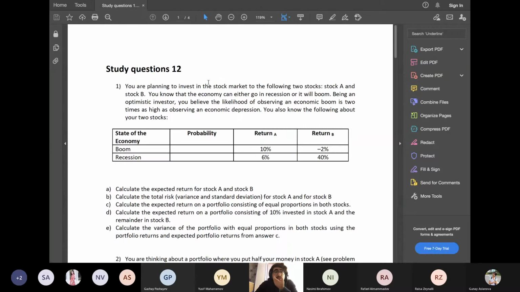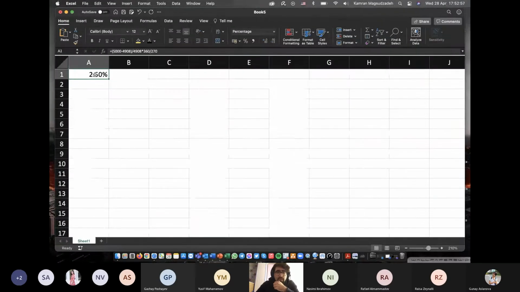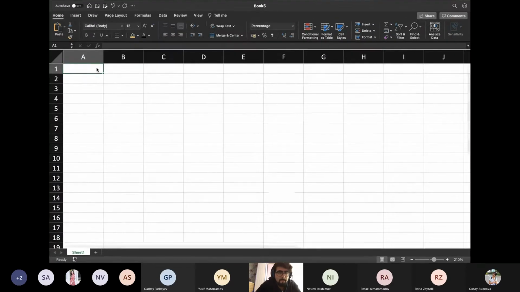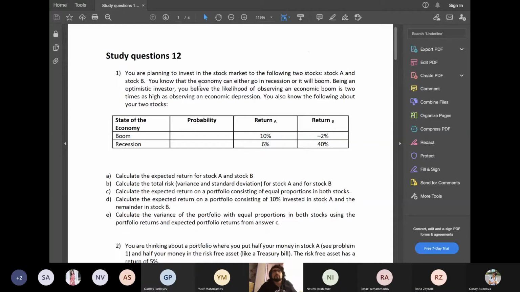So let's start with study question 12. The file is already created there. Question 1. You are planning to invest in the stock market in the following two stocks, stock A and stock B. You know that the economy can either go into recession or it will boom.